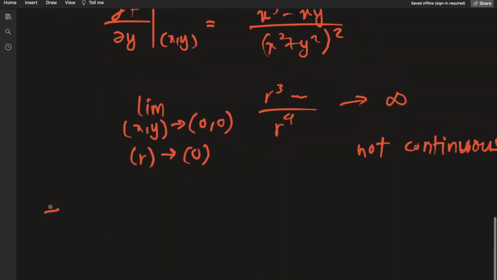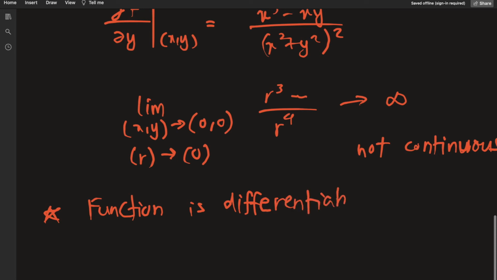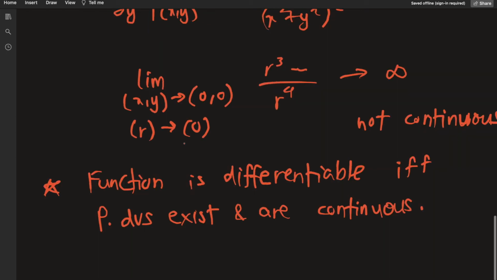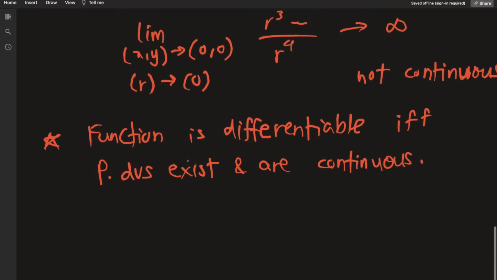So this gives us this important statement: a function is differentiable if and only if its partial derivatives exist and are continuous. So there you have it.